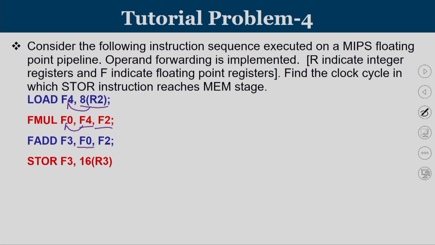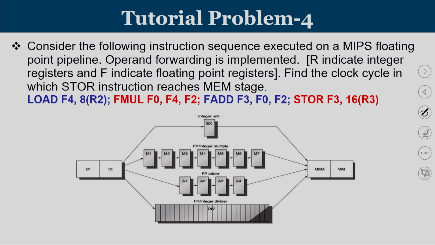Now that F0 is used to get the result in F2. So F0 and F2 are added to store the result in F3, and the F3 value is stored back into the memory location. Now this is how your floating point unit looks. The load operation is carried out by the integer unit, that is by the load.